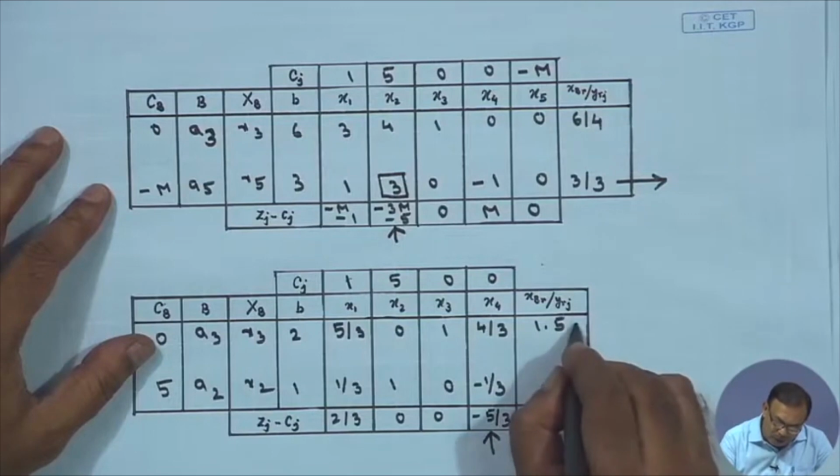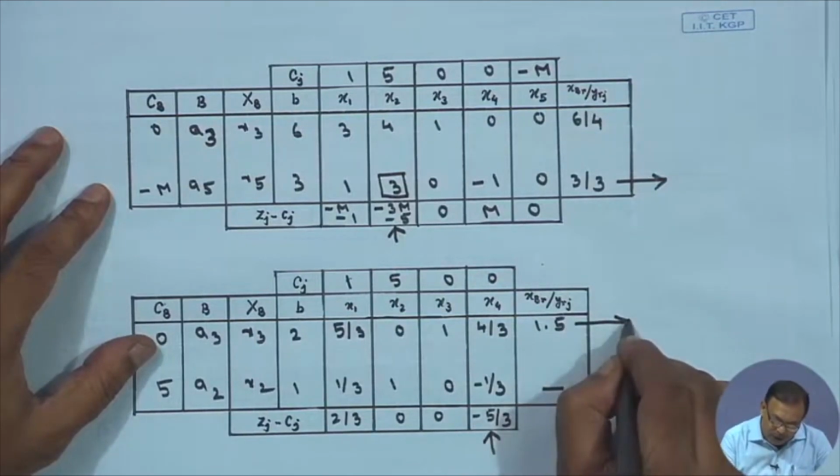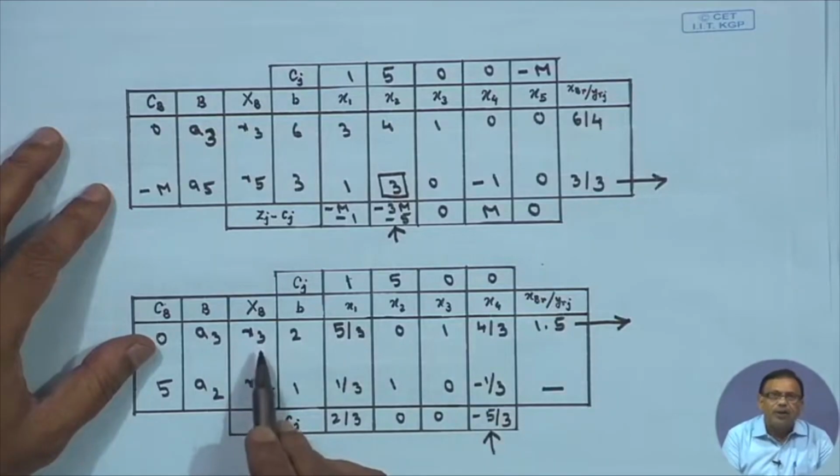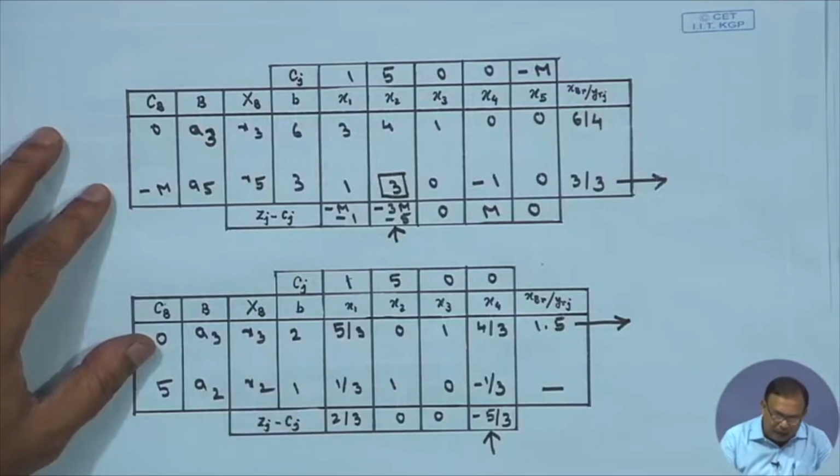So, you have only one, 1.5, and this particular row will go out. That means the variable x 3 now departs from the basis and your entering vector is x 4. Now, x 4 will enter into the basis.